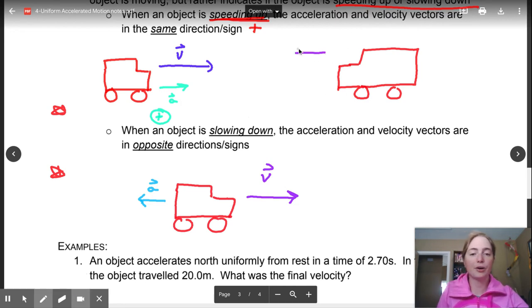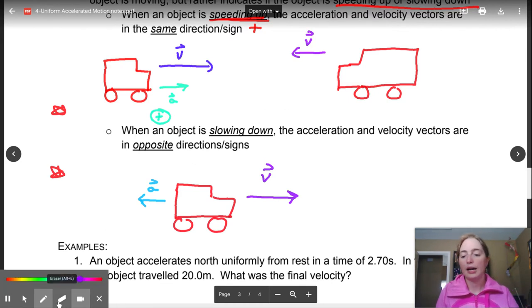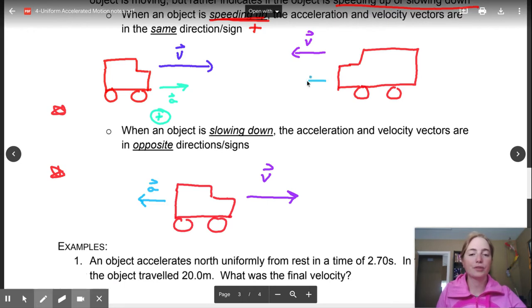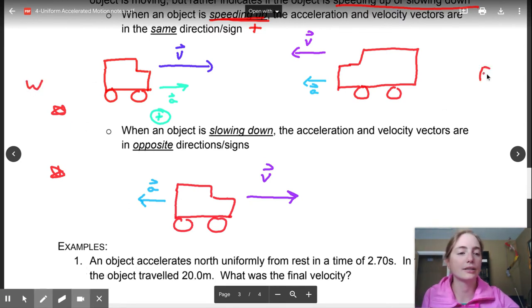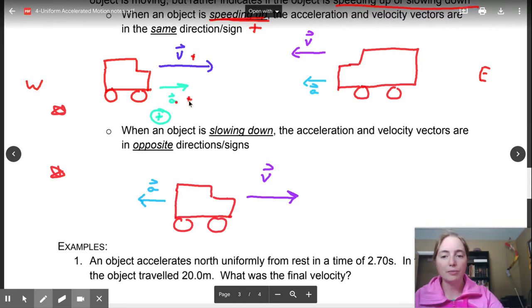Let's say you're going this way. And then your acceleration is going this way. Let's label this. This is going to be west and this is going to be east. Because we are going east, that's positive. Okay, we're speeding up. That's positive.